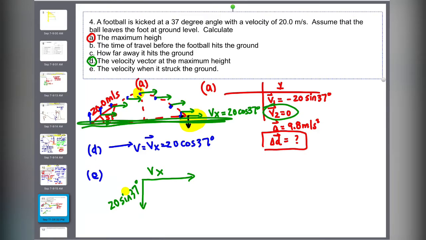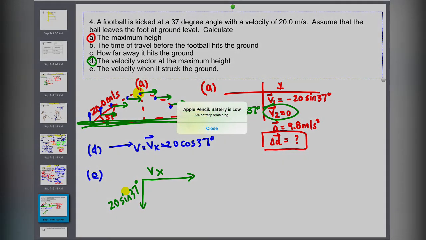Because this is a level ground. This is more a concept than a math question. This is a level ground. The rate that is going up is the same rate that is coming down. So as it is going up, the speed is decreasing, but when it's coming down, it's increasing the exact same way.